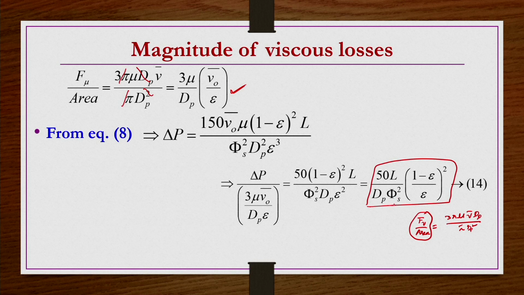So for one layer of particles, the pressure drop is going to be 50 times L (1 minus epsilon) by epsilon whole square times the viscous forces. Here we also have L by dp, so that indicates per layer of particles. So this is about the magnitude of viscous losses, and then kinetic losses, right.